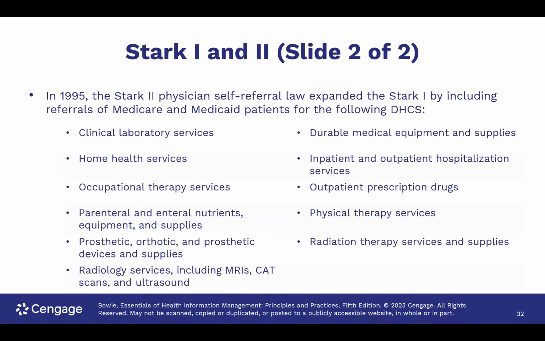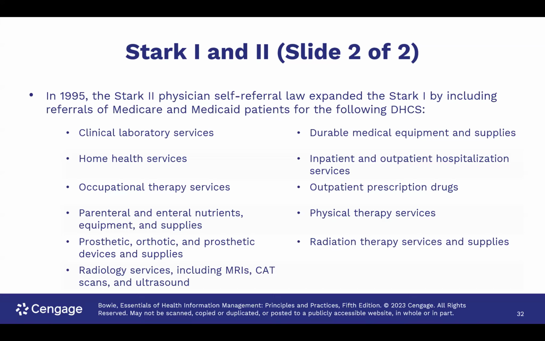In 1995, Stark II expanded on the previous Stark I by including referrals of Medicare and Medicaid patients for labs, home health, occupational therapy, parenteral and enteral nutrients, equipment, supplies, orthotics, radiology, CAT scans, ultrasounds, durable medical equipment, inpatient hospitalization services, outpatient medications, physical therapy, radiation therapy, and so on.